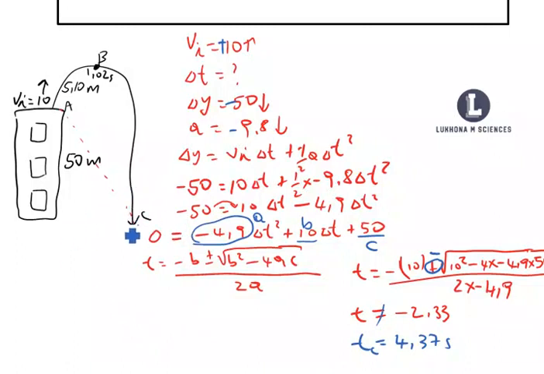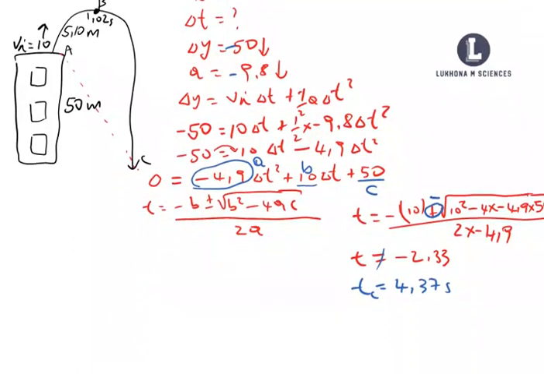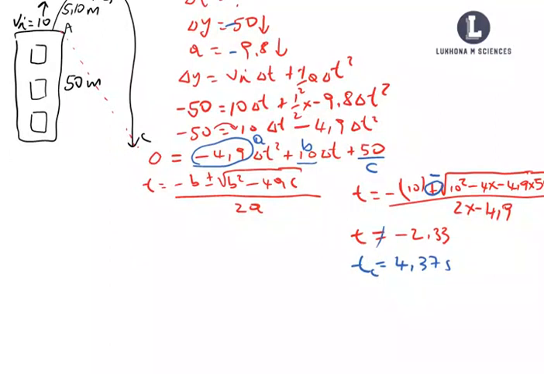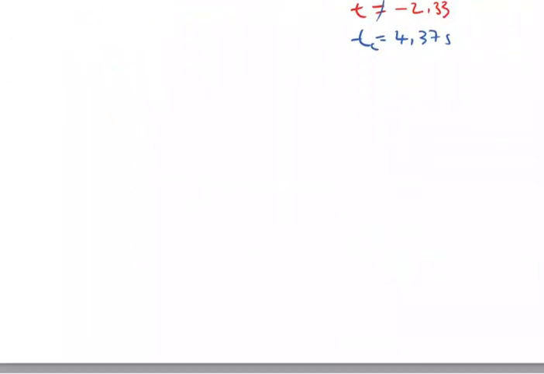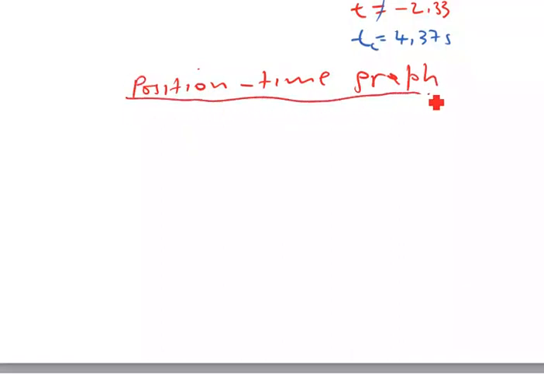The first graph is the position time graph, with this information. So we have the y-axis and the x-axis.